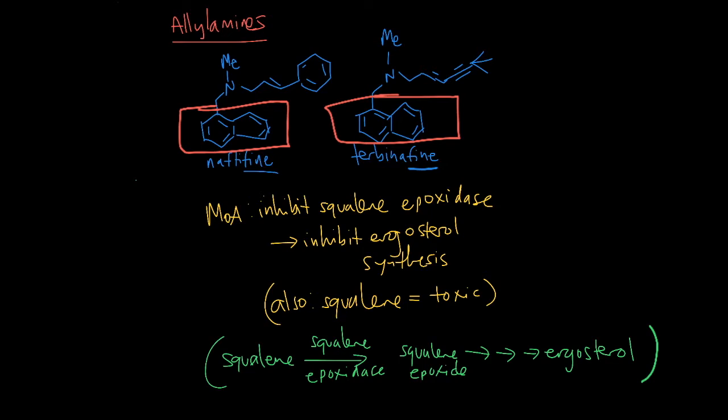By inhibiting squalene epoxidase, you inhibit ergosterol synthesis, thereby inhibiting cell membrane synthesis of your fungi. Also, squalene is toxic, so if you build up squalene in your cells by inhibiting squalene epoxidase, because you can't convert squalene to squalene epoxide, then you basically kill your fungal cells.